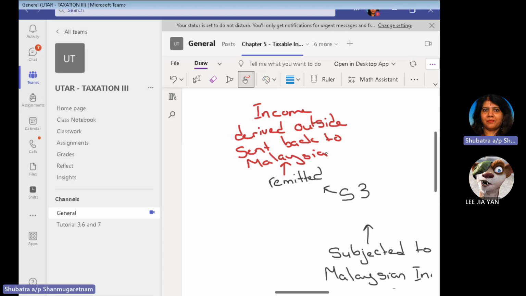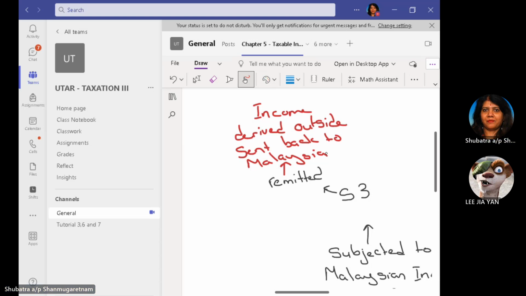The moment you get an income outside Malaysia, send it back to Malaysia, you're automatically subjected to Malaysian tax. That's what the remittance rule under Section 3 means. You send it back to Malaysia, you automatically get taxed in Malaysia.